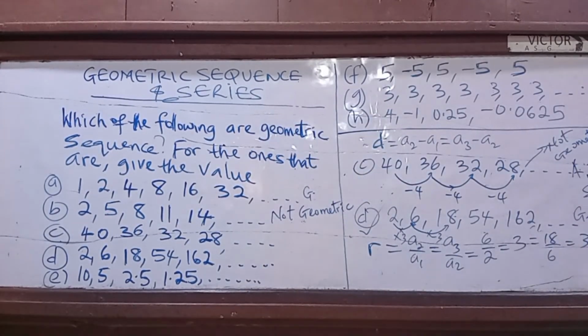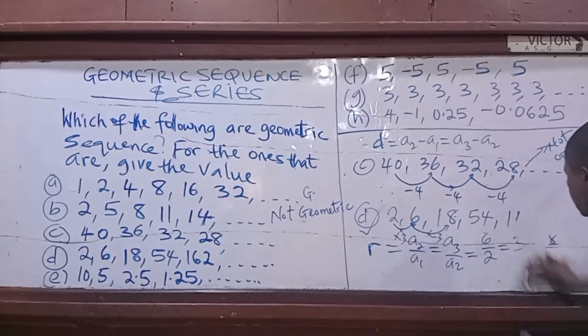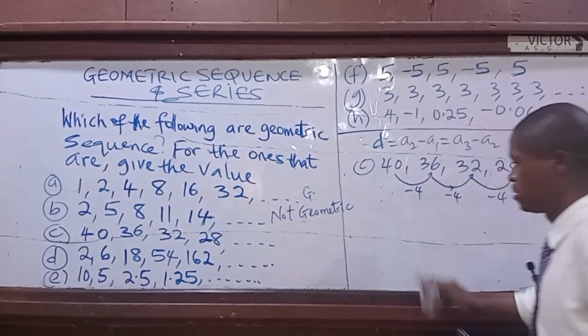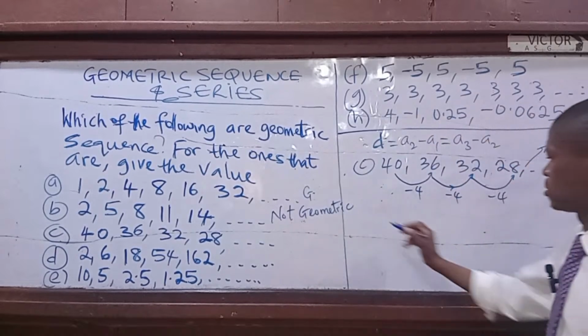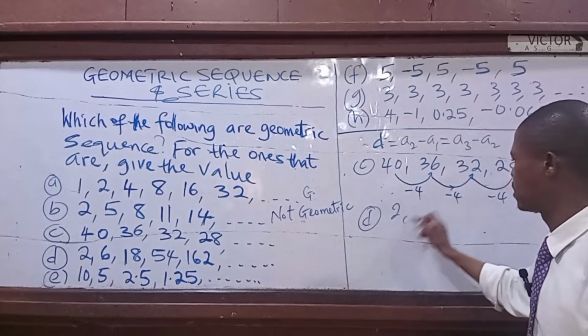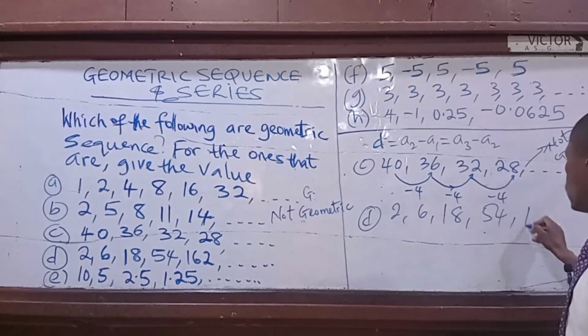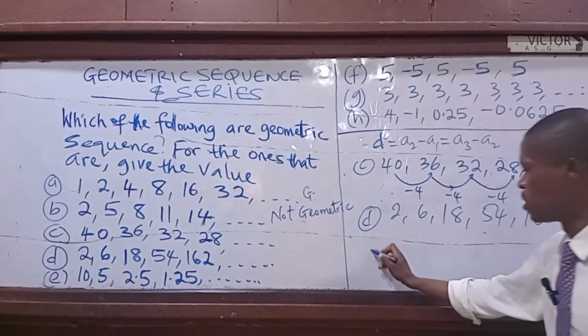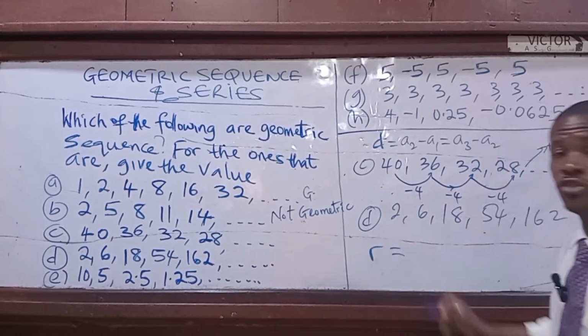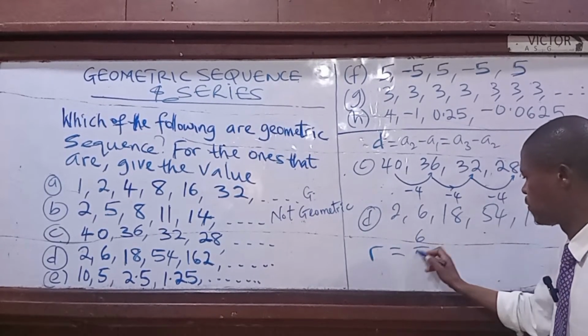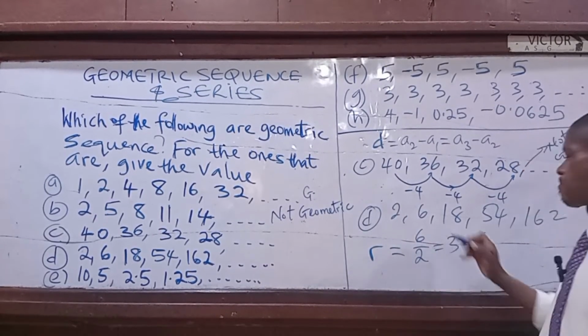Arithmetic, the D part. Let me do that again. The D part is we have 2, 6, 18, 54, 162. The common ratio, that's what we use for geometric series or sequence, is the second term over the first term, which is 3.